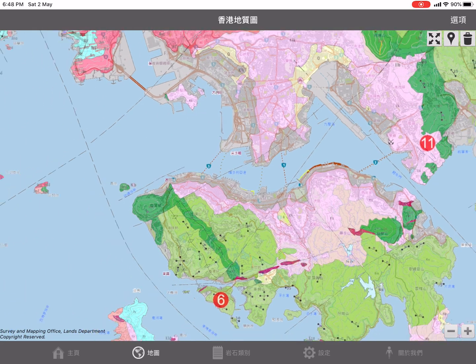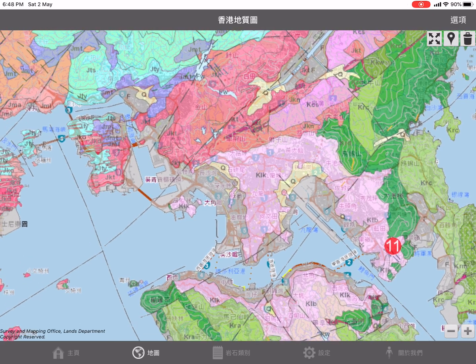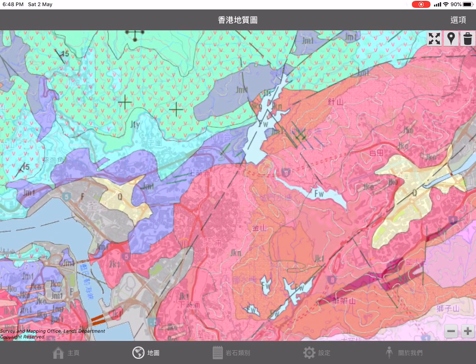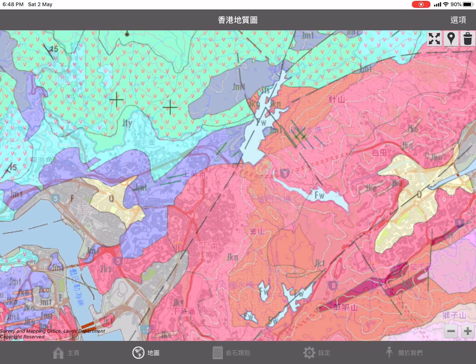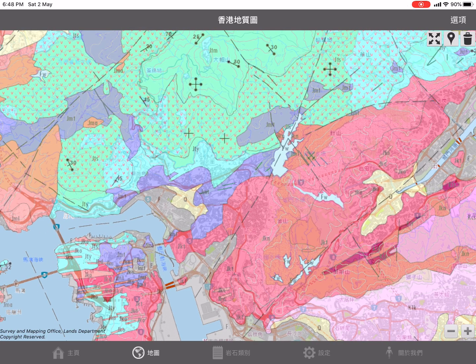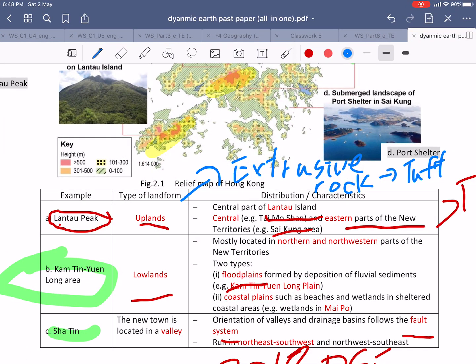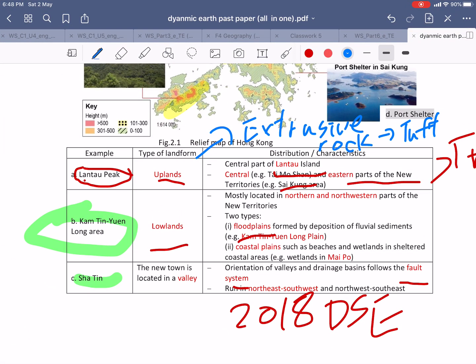And there may be a lot of different kinds of examples. For example, Shing Mun River also developed along a fault line. Okay, so it's very interesting that every valley is developed on top of a fault line. So the valleys are mostly related to the fault system.